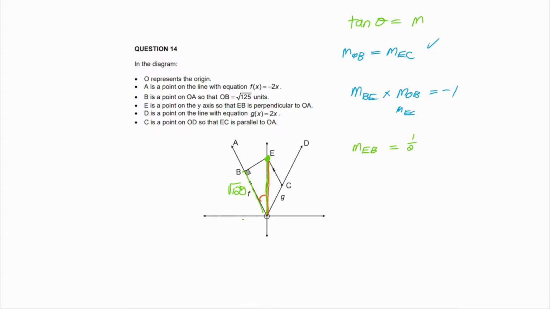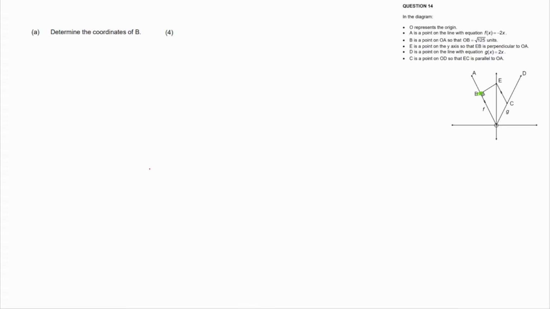So let's get into that. For this inclination, I'll call this theta. I'm going to have tan theta is equal to the gradient of OB. I know the gradient of OB is -2, because the equation of the line is -2x.